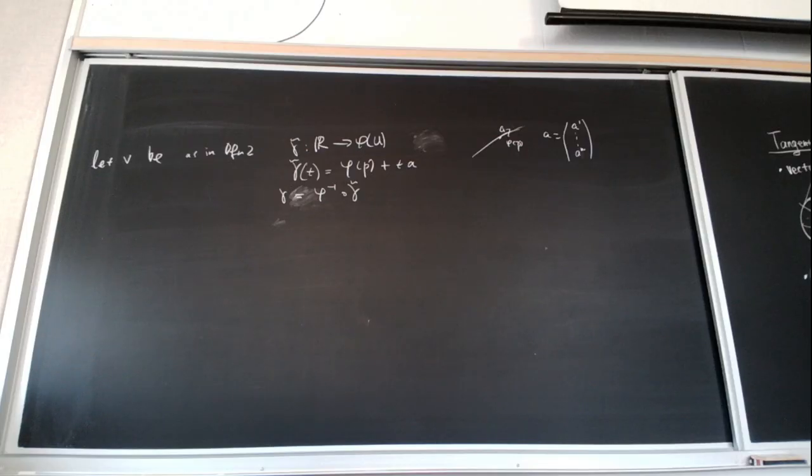So we should evaluate at phi of P. Phi goes from the manifold to the coordinates. That's fine, at least in our convention, phi goes from the manifold to the coordinates.